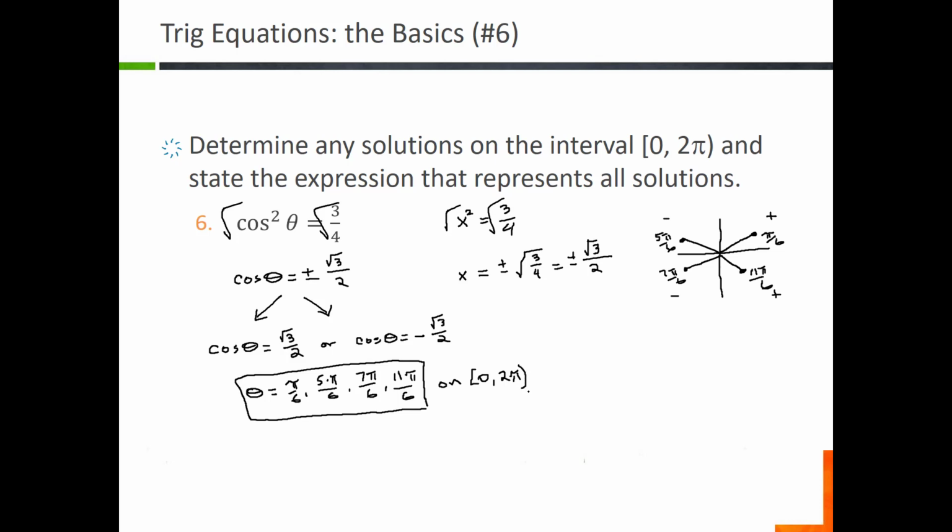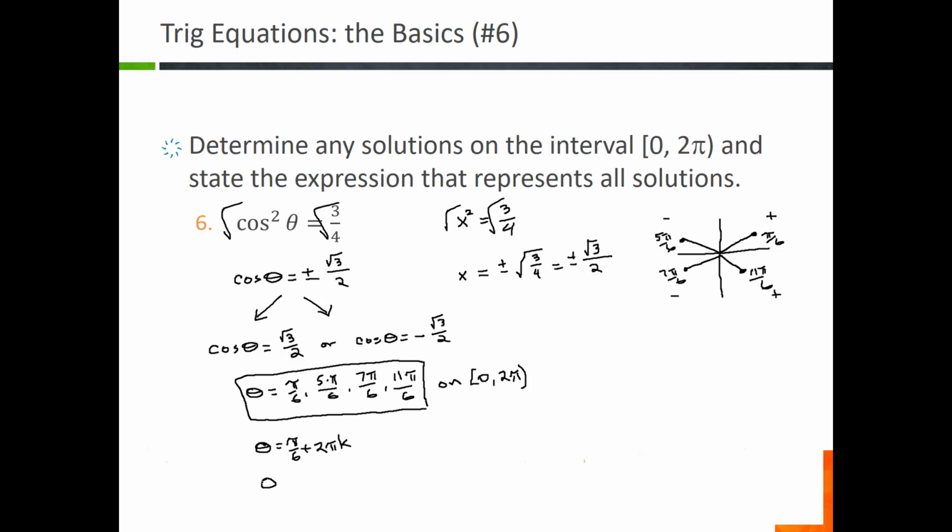All right, so how do we then express the solutions for all solutions? So how do we express the fact that there's infinitely many? Well, it's cosine, and so for cosine, we're just going to take all four of these and put on a plus 2 pi k onto them. So we're going to have four of these statements. Theta is equal to pi over 6 plus 2 pi k.